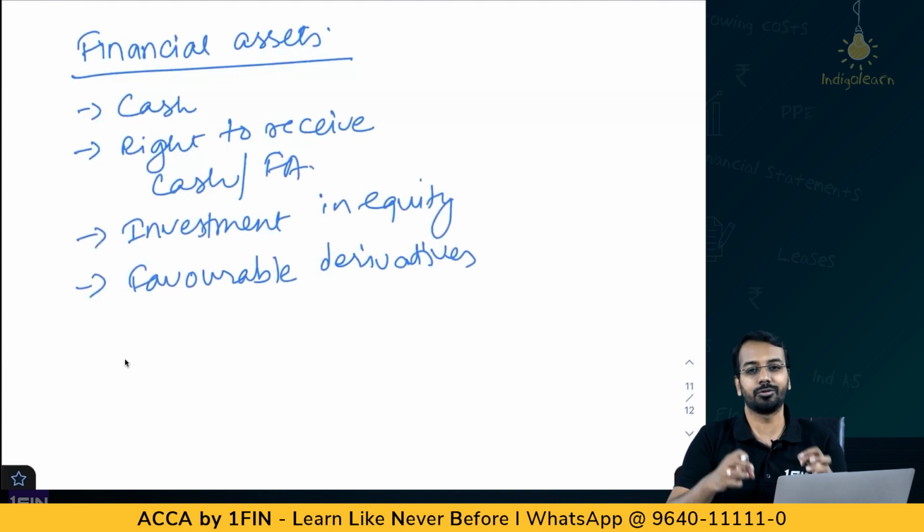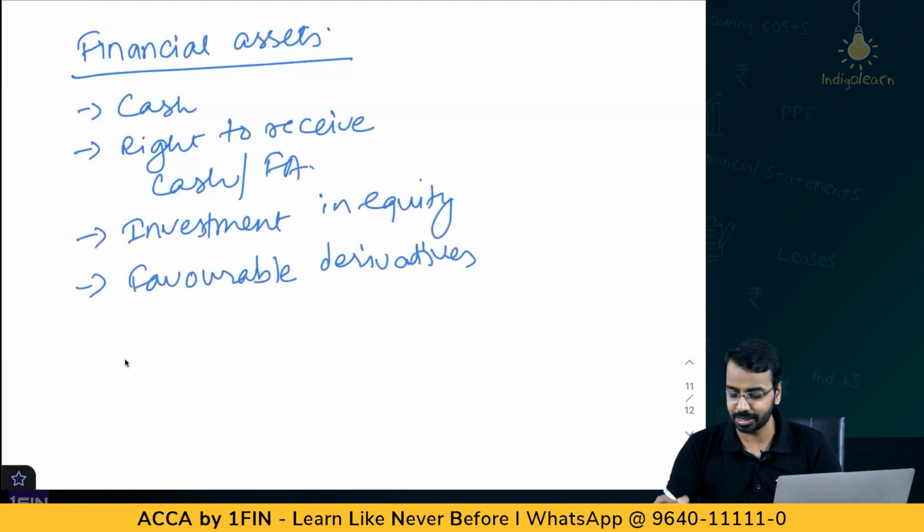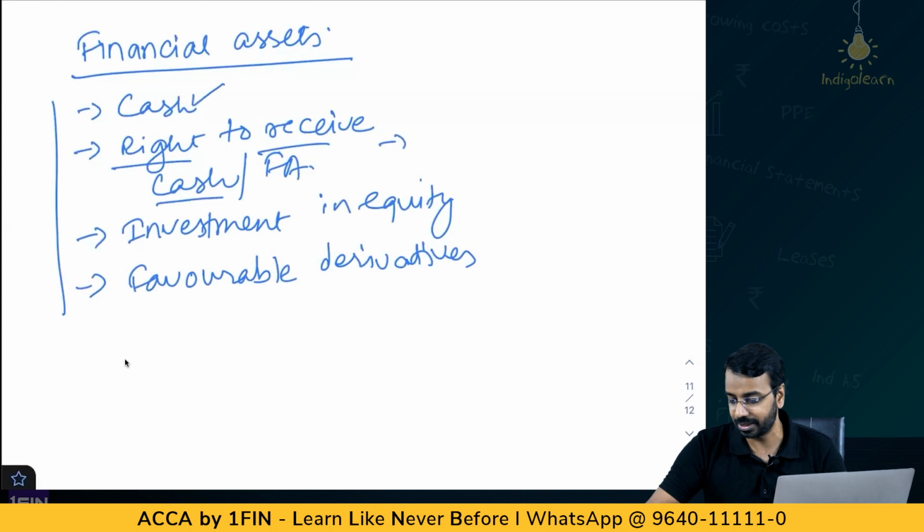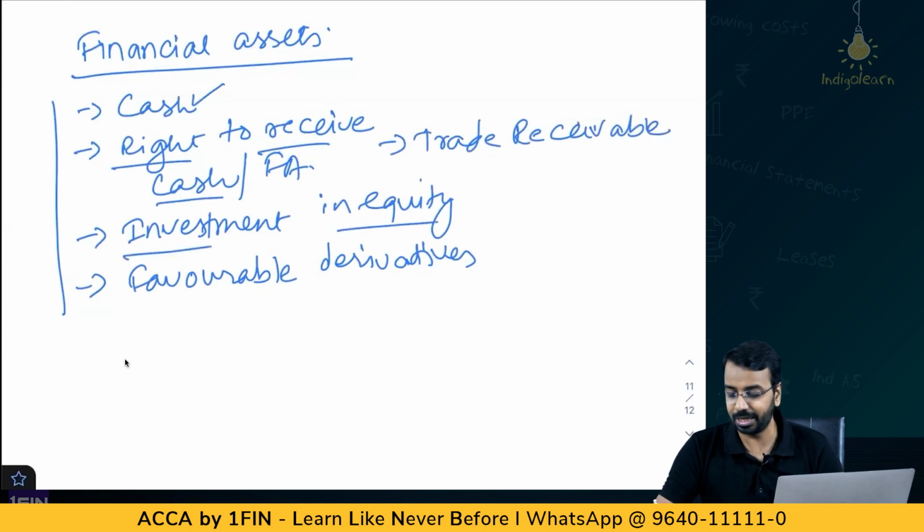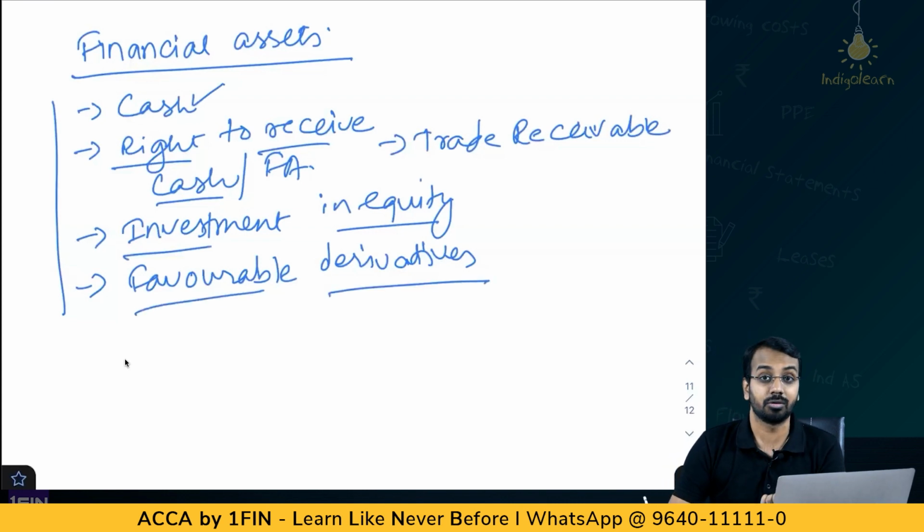Beyond this, no need to go into too much depth of the definition. We have had a detailed understanding in the class. So when we say financial asset, it is cash or cash equivalents, right to receive cash, for example, trade receivable. Investment in equity, you have invested in equity of another company, so that is also a financial asset. If there are favorable derivatives, that is also your financial asset. Something which is favorable, that you can classify as a financial asset.